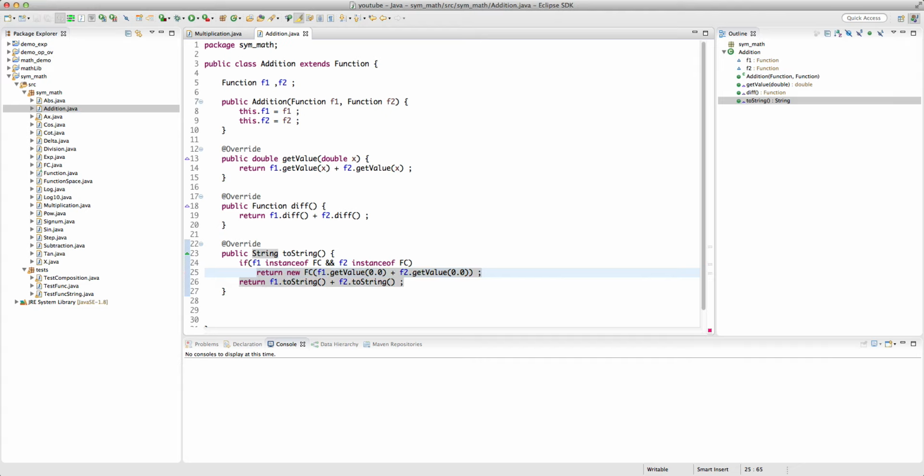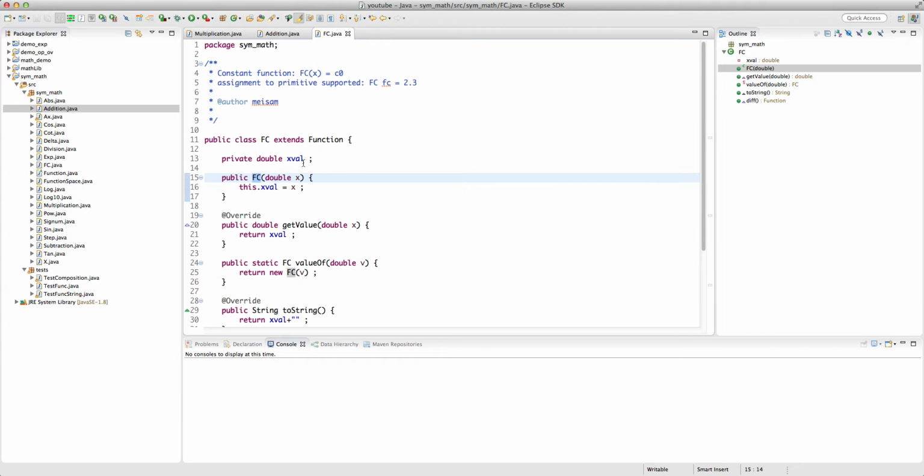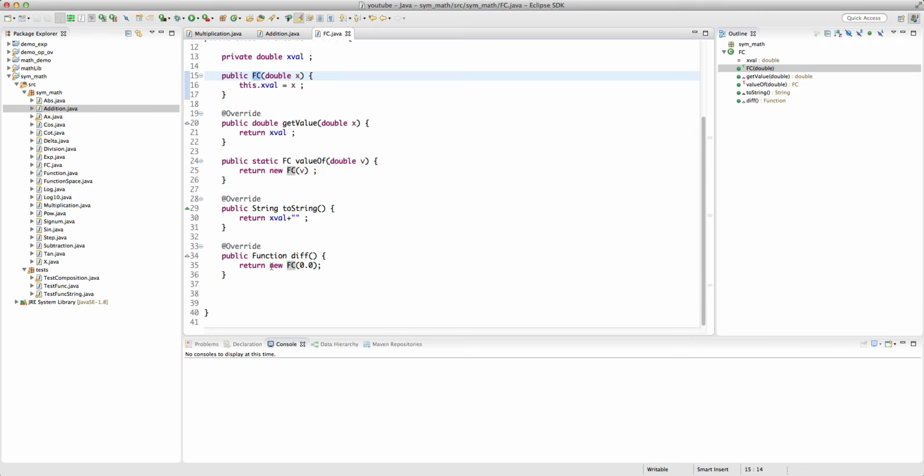So we just want to return a new constant. And if we go to fc, the toString method is basically just a number.